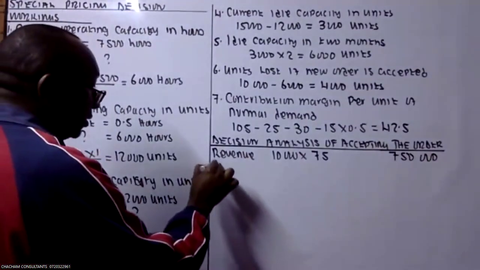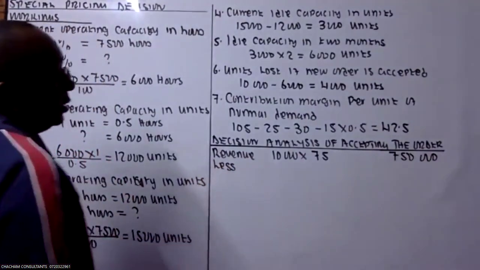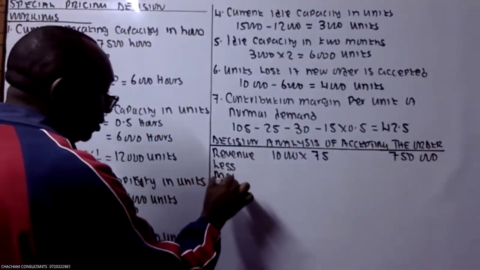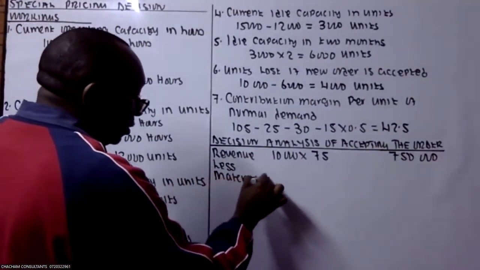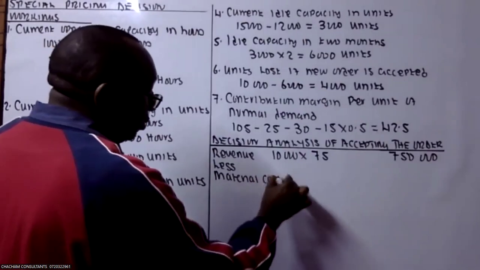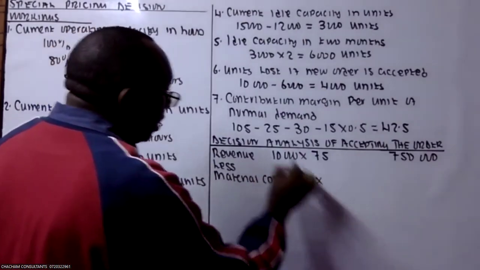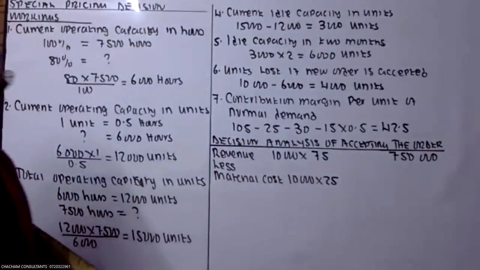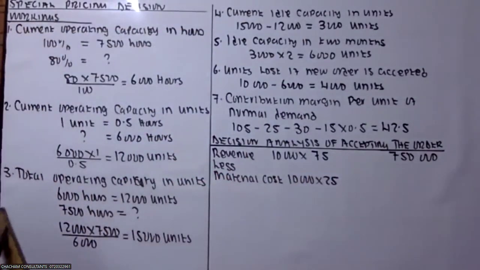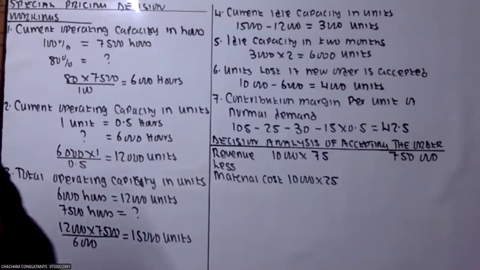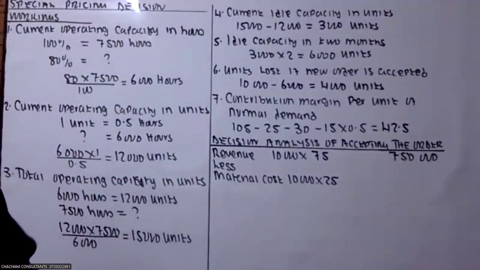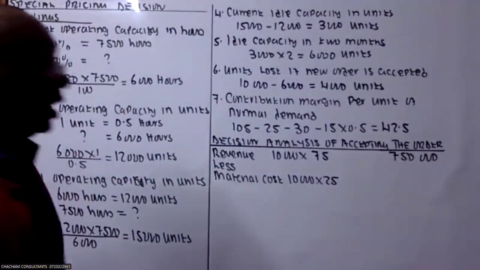Now you less material costs: 10,000 times 25, which is 250,000.